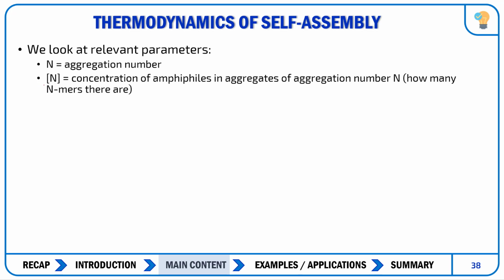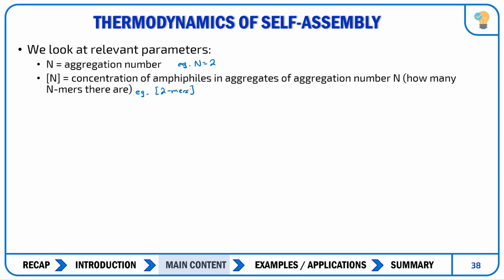Essentially what this is saying is that for n, capital N is the concentration of a certain aggregation number. So for example, you can have n equals 2, and then when you're taking a look at the concentration of n, it's the concentration of dimers that are present in the system.